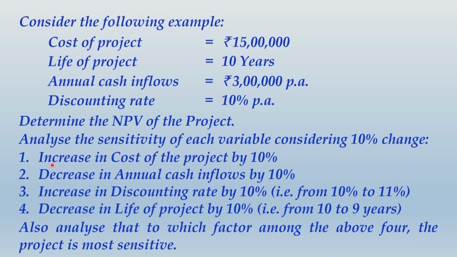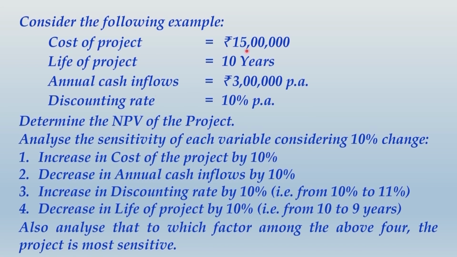So look at one thing. First of all, the question is asking you to determine the NPV of the project, which you can definitely determine on your own. Thereafter, it is asking you to analyze the sensitivity of each variable considering a 10% change. Do you know what is the meaning of this line? This line means you try to increase the cost of the project by 10%. So what is the cost of the project? 15 lakhs.